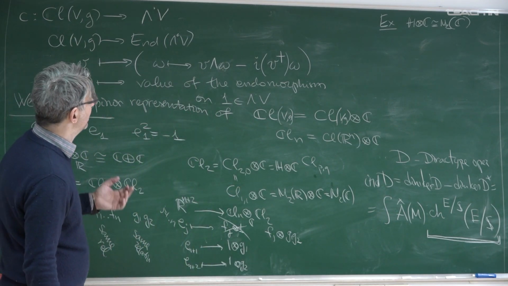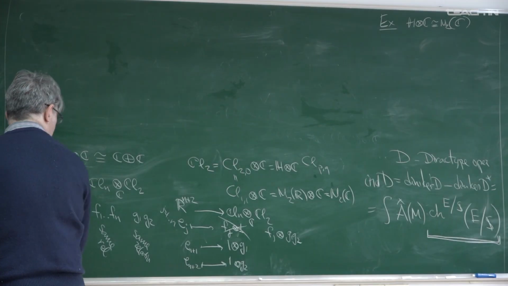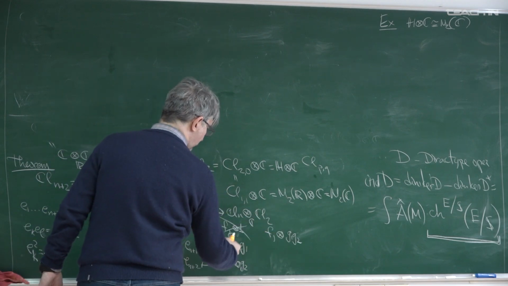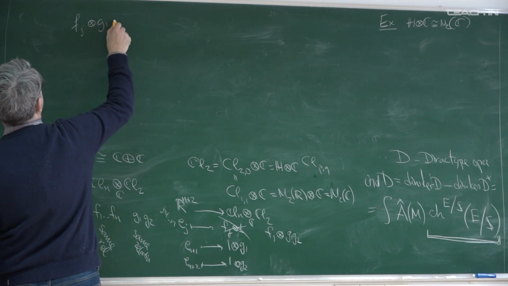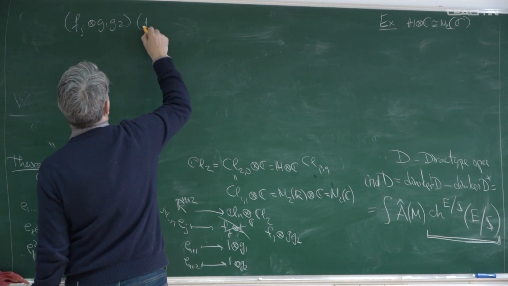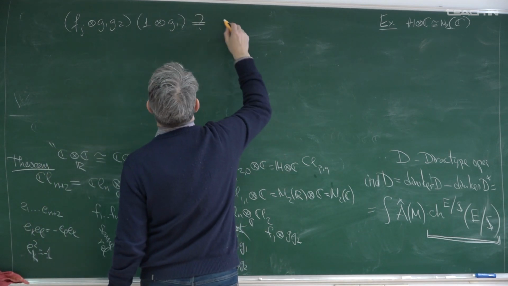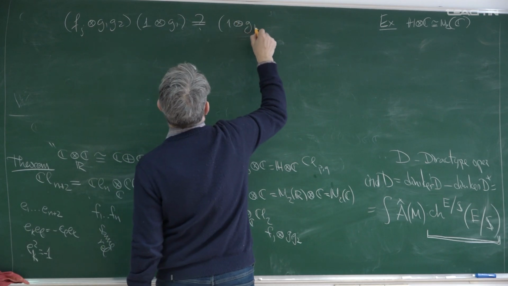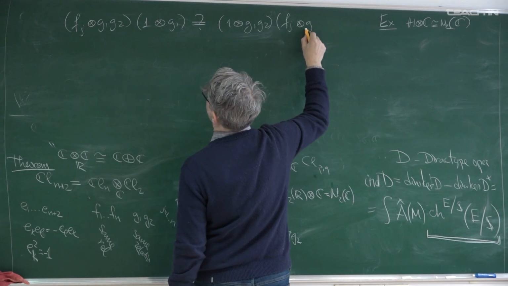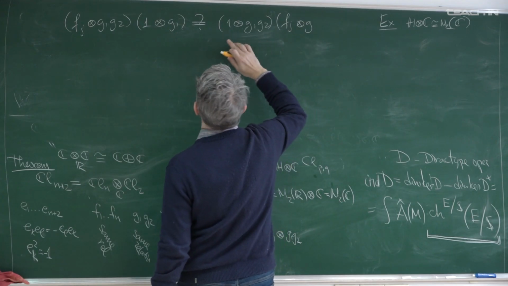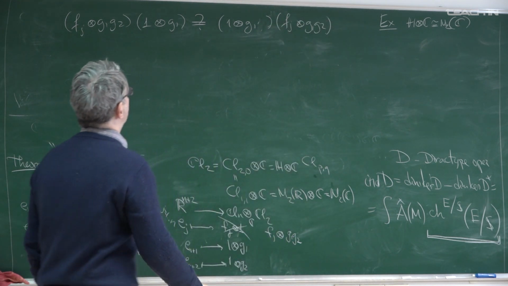Let me check a couple of things. I will erase the top. I need to check that this element skew commutes with this one. Let's think about that. f_j tensor g_1 g_2, multiplication with, say, g_1, the same elements but in different order. Let's calculate.